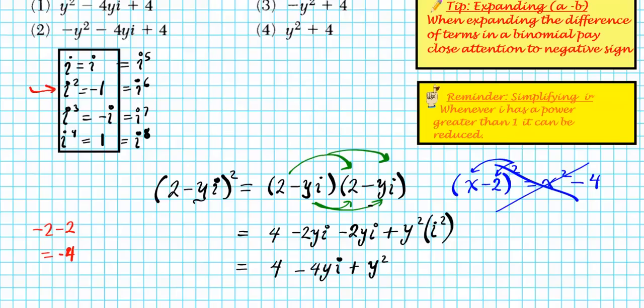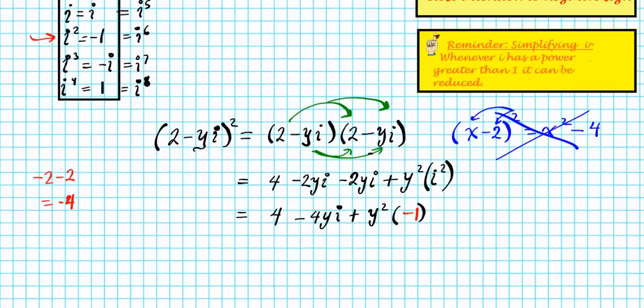We're going to use this row right here, i squared is equal to negative 1, to assist us in simplifying this term. So i squared is going to become negative 1. Let's go ahead and simplify a little bit more. We're going to have 4 minus 4yi minus y squared.